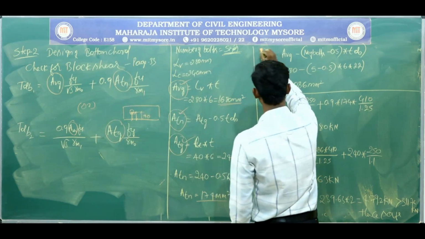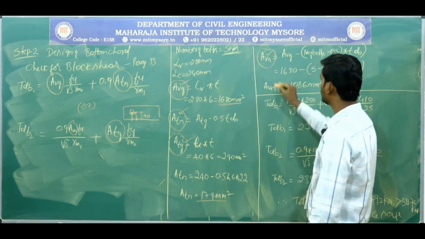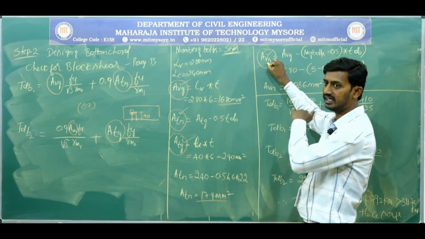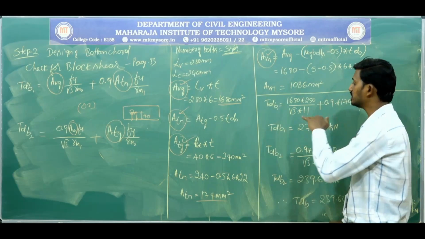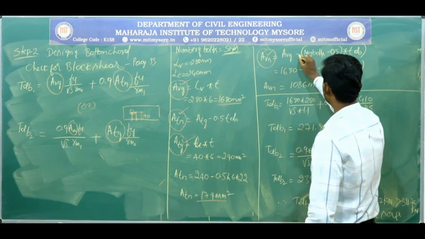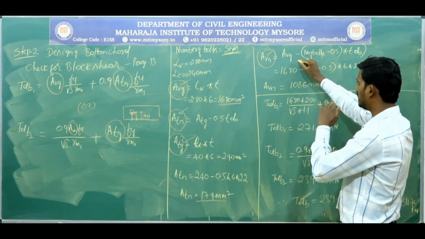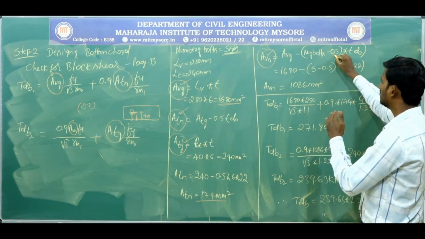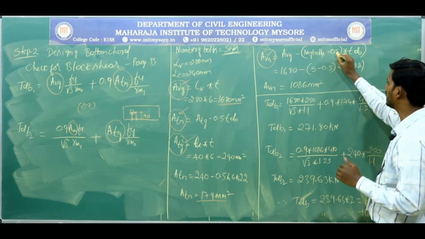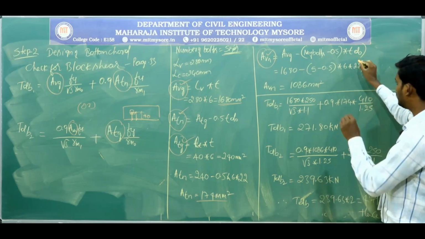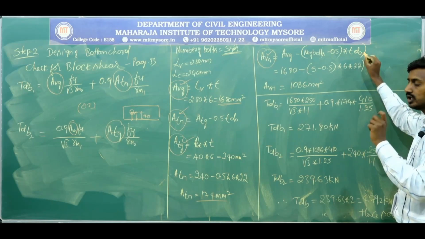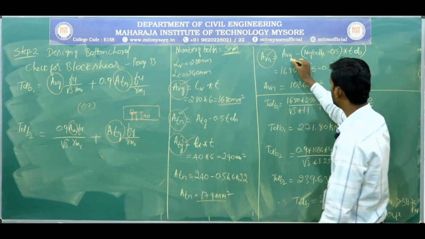The last step is AVN, that is the shear plane's net area. So AVN is AVG minus the number of bolts times half, multiplied by the thickness of the plate multiplied by the hole diameter.